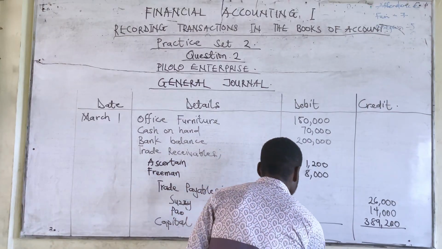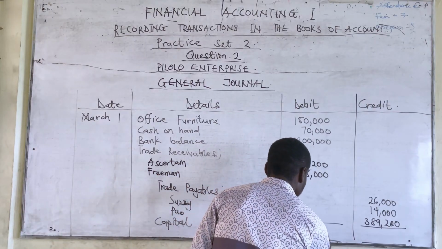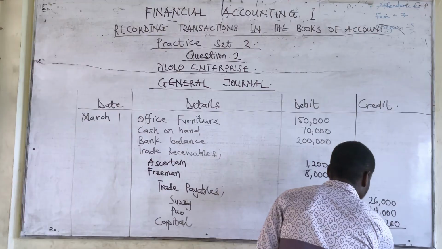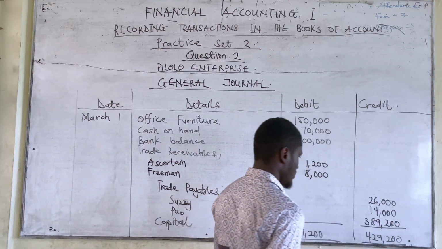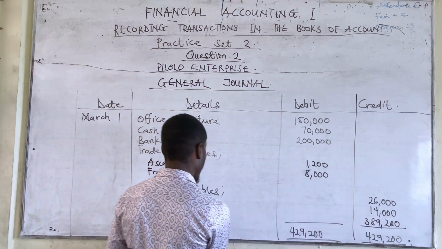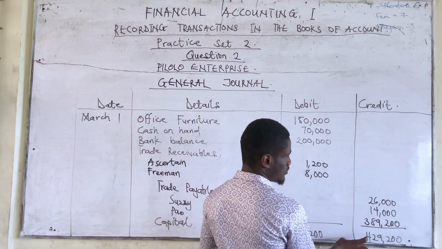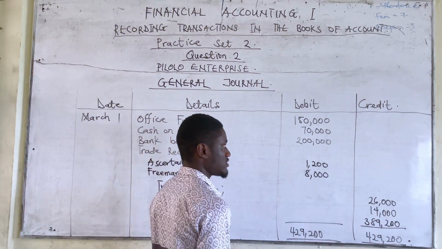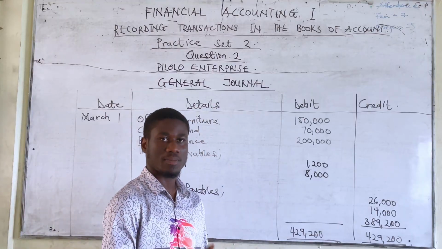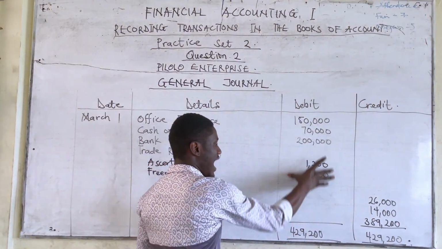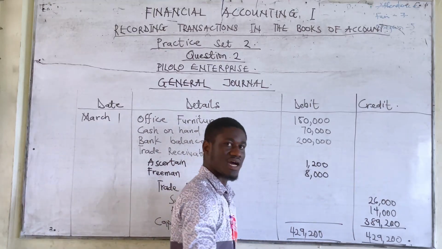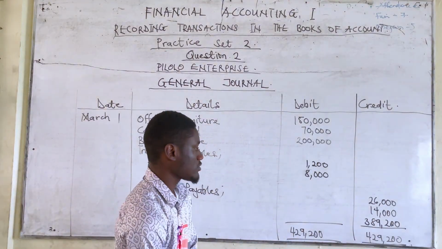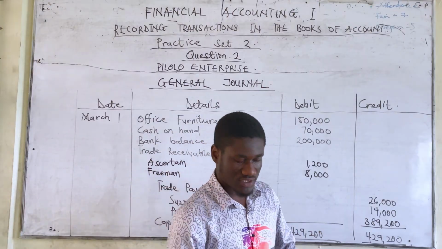You see, so the difference is what is going to be our capital. When you add these, we are getting the 429,000, because you know that asset is equal to capital plus liability. So that means that our total assets has to be equal to the total capital and liabilities. You get it?